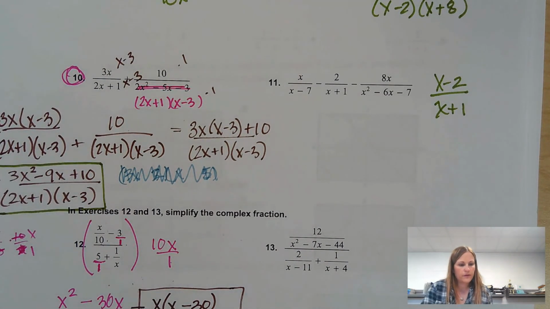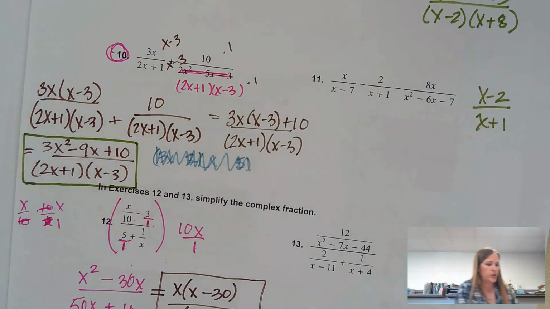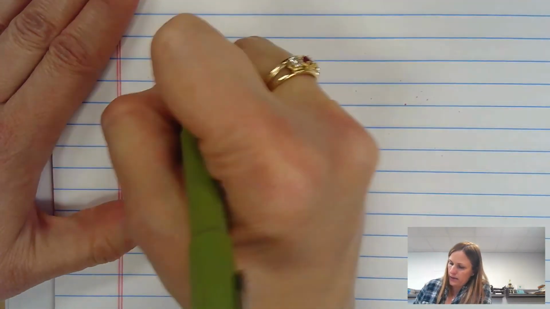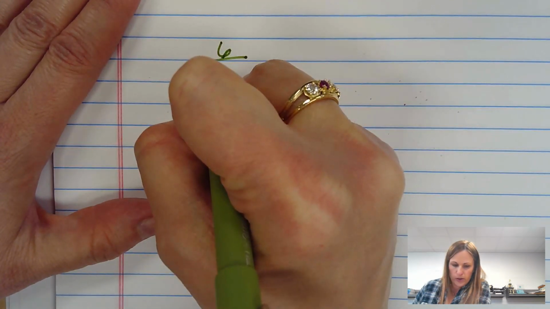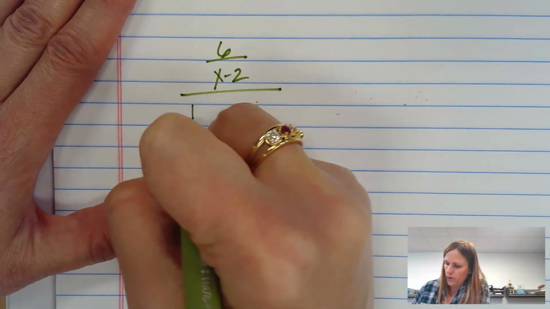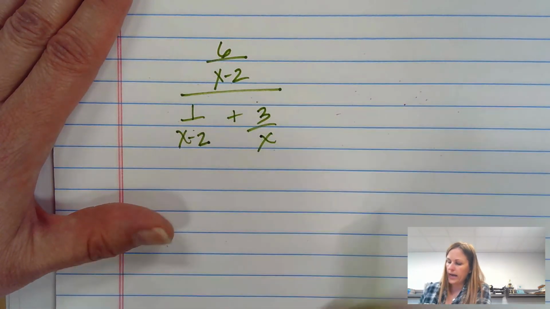And then for those of you who are interested, I'll give you one more problem for the complex fractions, since they didn't really give you a whole lot of problems for complex. If you want to grab a sheet of paper, I will give you another problem to try. So let's do 6 over x minus 2 over 1 over x minus 2 plus 3 over x.